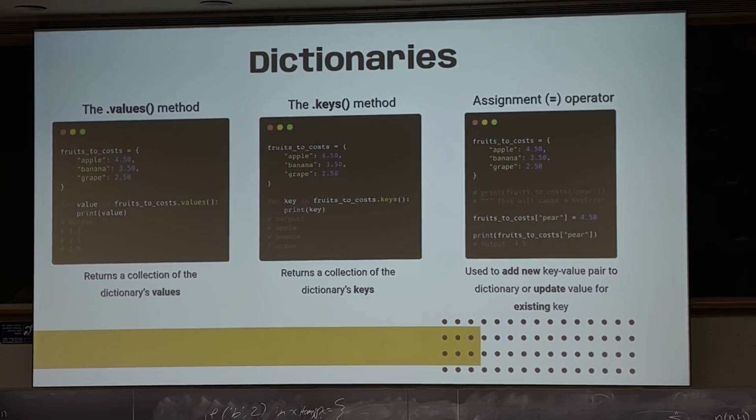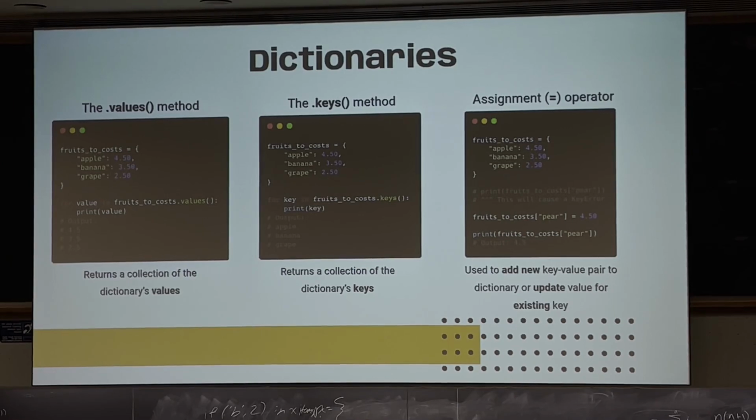We have also assignment operators. This is quite important. You will most likely definitely use this in your final or any of your exams. It's pretty straightforward. It acts very similar to a list in terms of indexing, but in this case, you're referencing by key. The syntax will be your dictionary name, and then in square brackets, the key you're trying to reference.